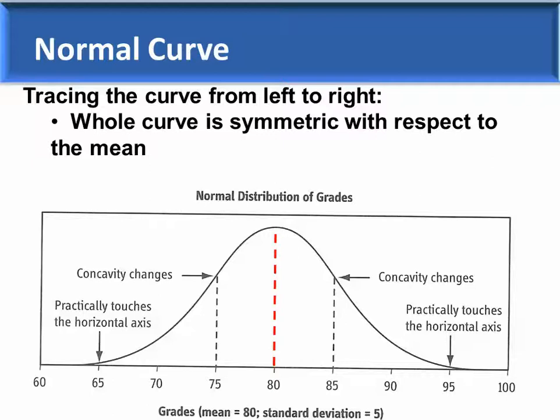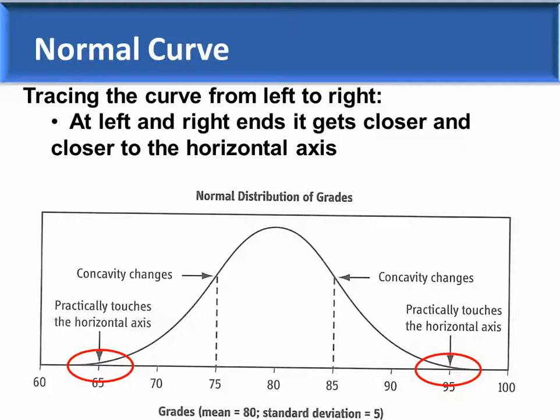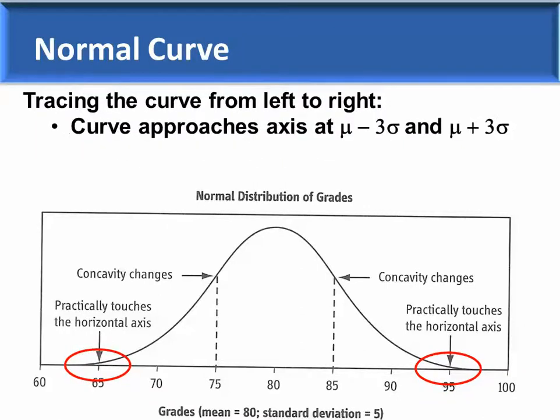It changes back again at 1 standard deviation above. And again, it's practically touching the horizontal axis at 3 standard deviations above. So at the left and right end, it gets closer and closer to the horizontal axis, but it doesn't quite necessarily touch. And that's the point where it's approaching 3 standard deviations away from the mean.